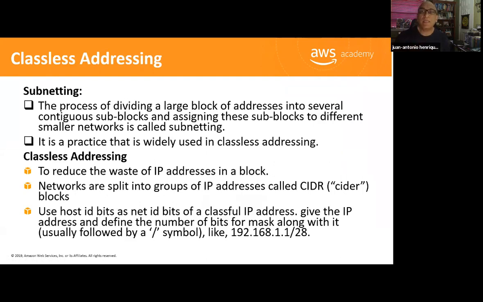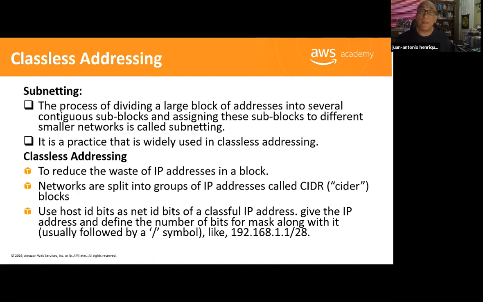So with classful addressing, it introduced a concept that is called subnetting. Subnetting is nothing more than dividing a large block of addresses into contiguous sub-blocks and assigning these sub-blocks to different smaller networks. So it's sort of making a larger network into smaller networks.